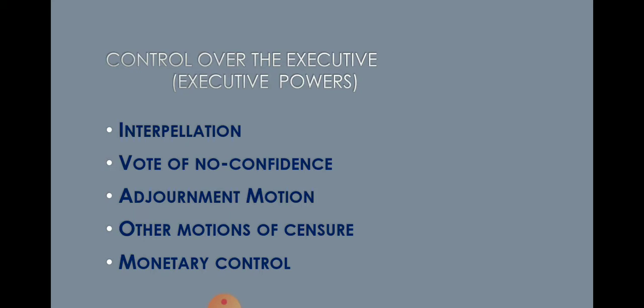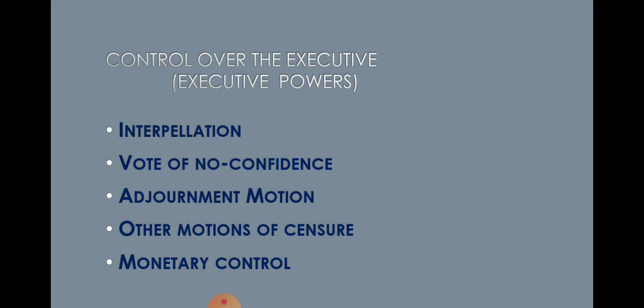The business of the House starts with the question hour. The first hour of the business of the House, starting at 11 o'clock and up to 12 o'clock, is for asking questions. During the question hour, the members ask 3 types of questions: the starred question, unstarred question, and short notice questions.